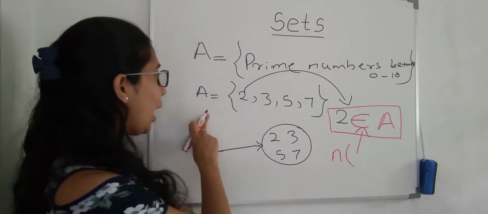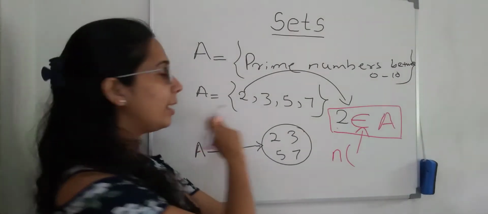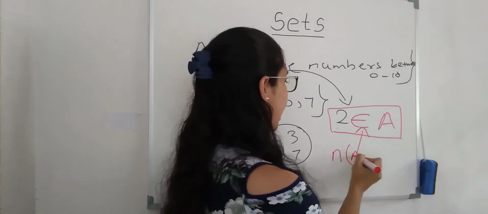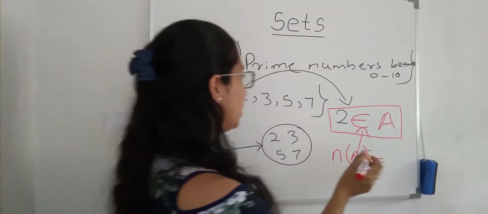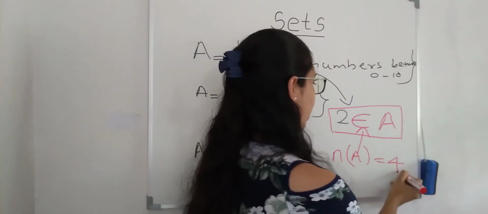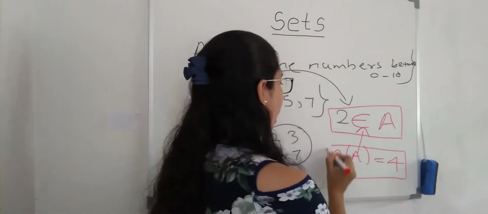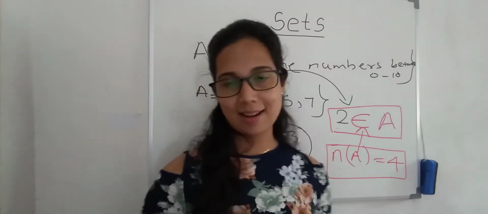In the set A. So we write the name of the set within brackets, A. And how many elements are there? 1, 2, 3, 4 elements are there. So this is the way of denoting the number of elements of a set.